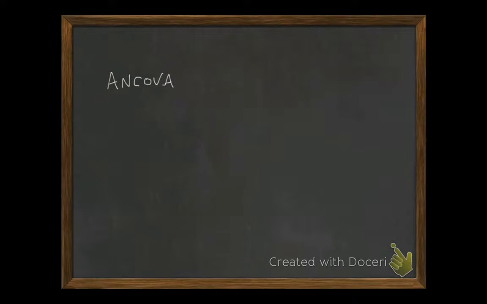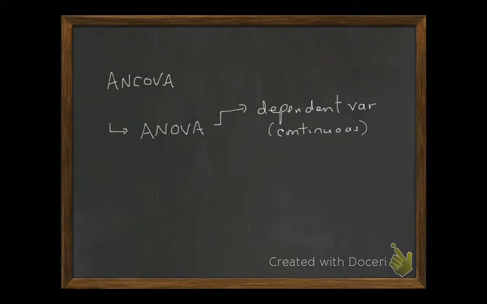So again, the model of ANCOVA. First of all, it's very similar to ANOVA in that we have a dependent variable that's continuous or quantitative, and we have an independent variable, a predictor, that's categorical.